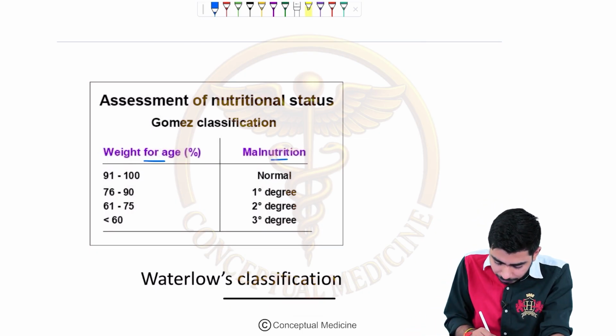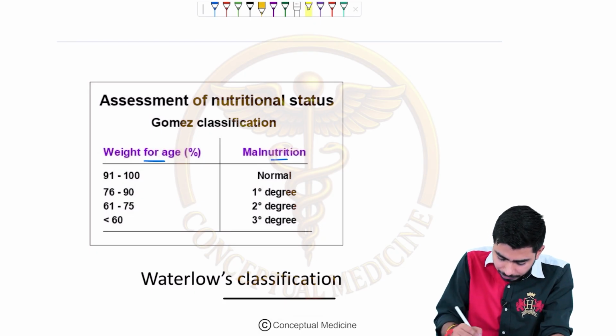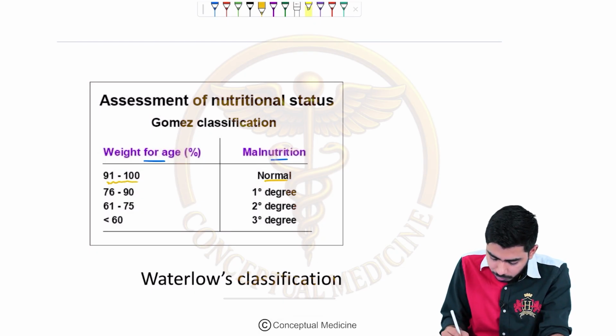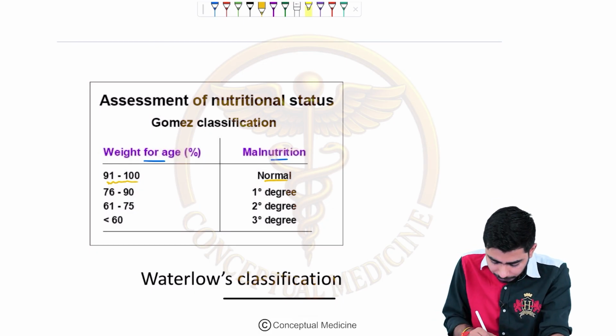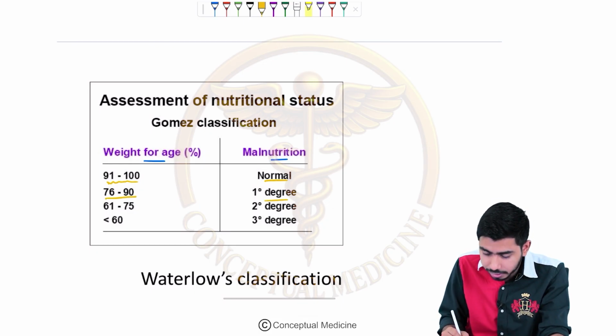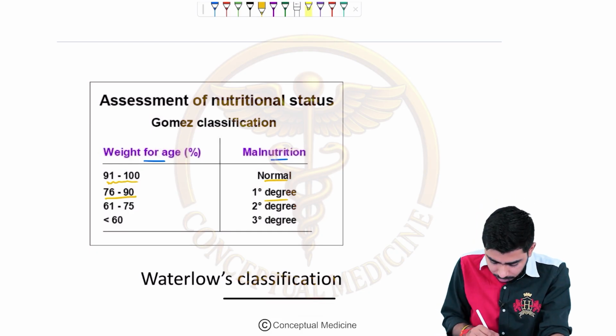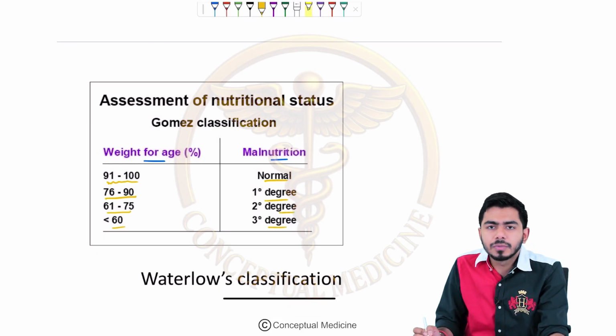If it is between 91 to 100, then it is the normal range. Then they have talked about the degrees. If it is 76 to 90, then it is the first degree. Then 61 to 75 is the second degree, and less than 60 is the third degree.